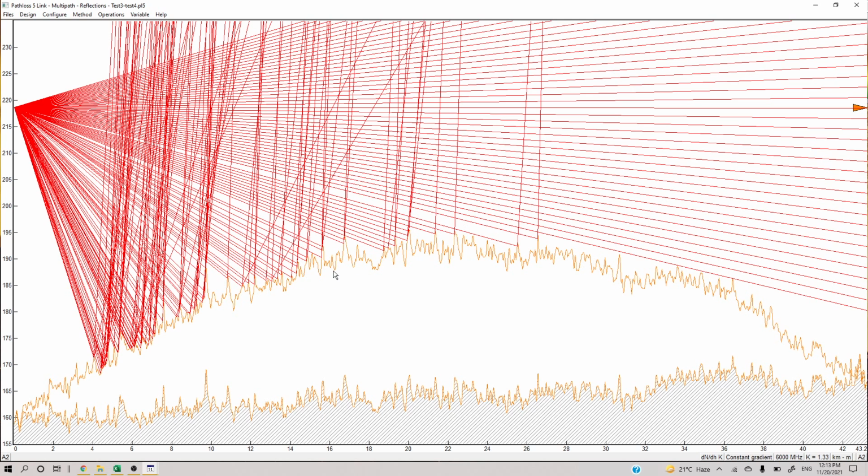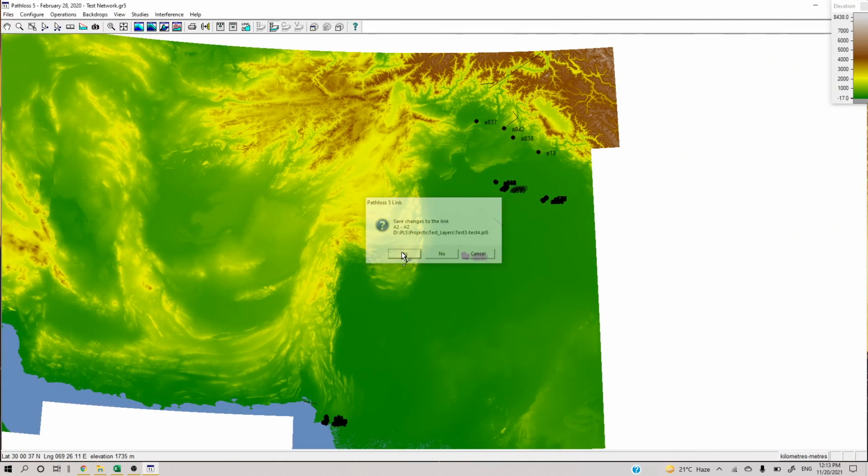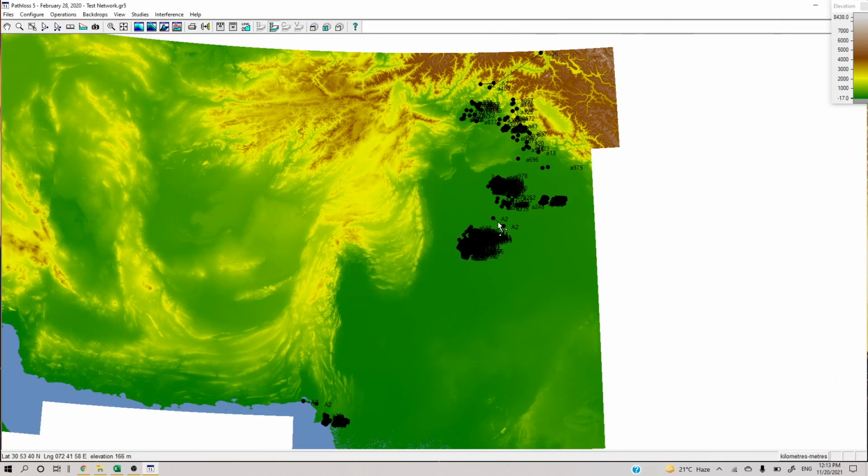You are fine for the multipath, but the big factor here is what I show you: if you believe in your visual line of sight.